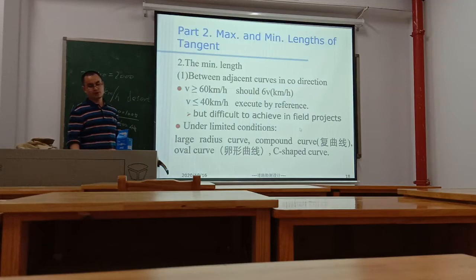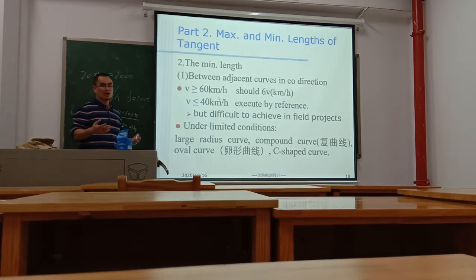What is difficult to achieve in field projects under limit conditions: larger radius cap, compound cap, oval cap, C-shaped cap.